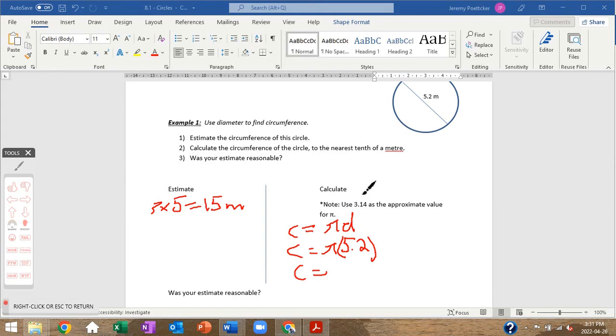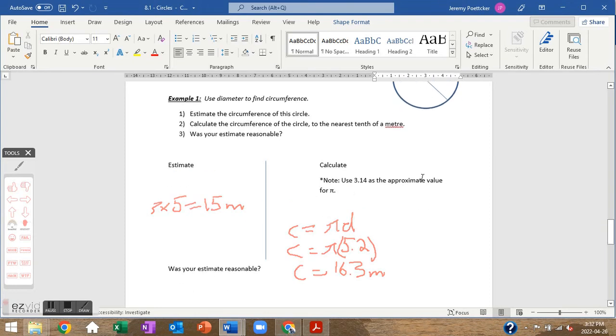So pi times 5.2, using 3.14 as the estimate there, is going to be 16.328 is what my calculator spits out. I want the nearest tenth, so that's 1 decimal place, 16.3 meters. Was my estimate reasonable? Yeah, it's not bad. It's obviously going to be small because I rounded this down and pi got rounded down.